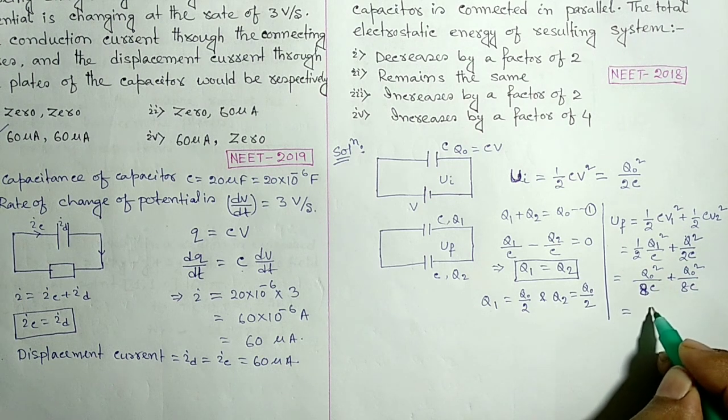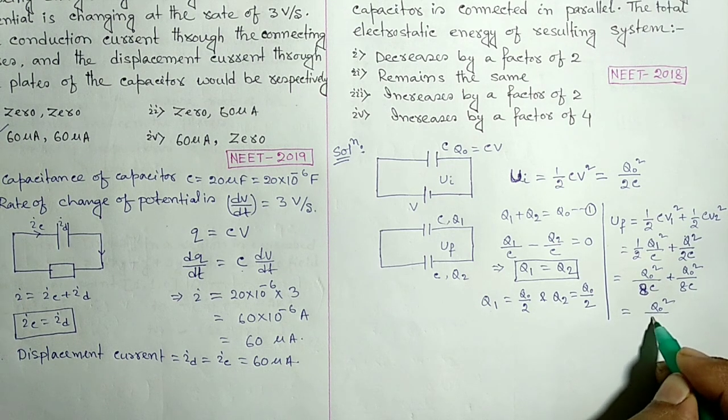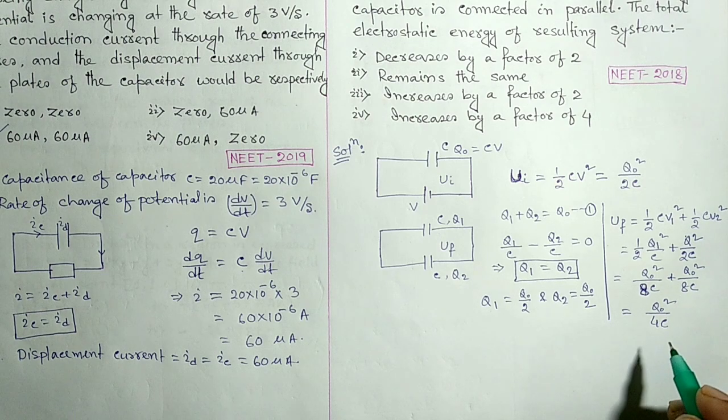It is equal to Q naught square divided by 4C.